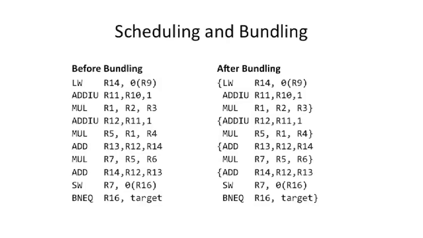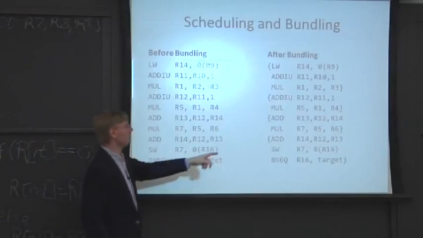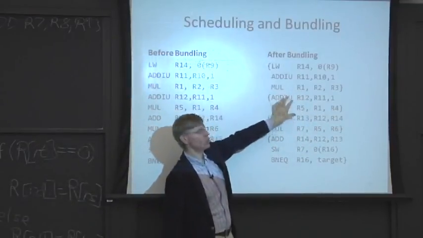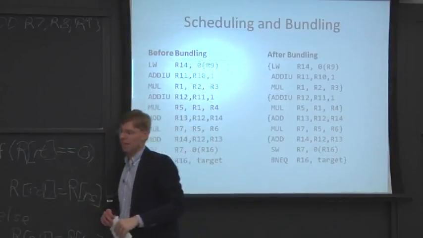The next thing we're going to want to do is bundle or schedule the instructions. When I say bundle, we're going to take several operations and pack them together into one VLIW instruction, or one VLIW bundle. We denote that here with these braces to say these execute in parallel, or at the same time.